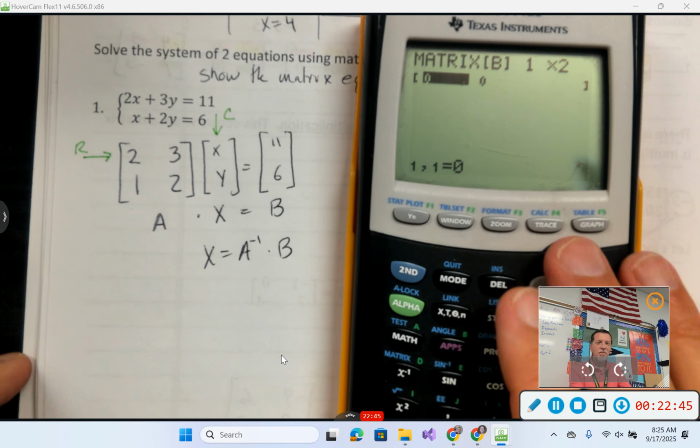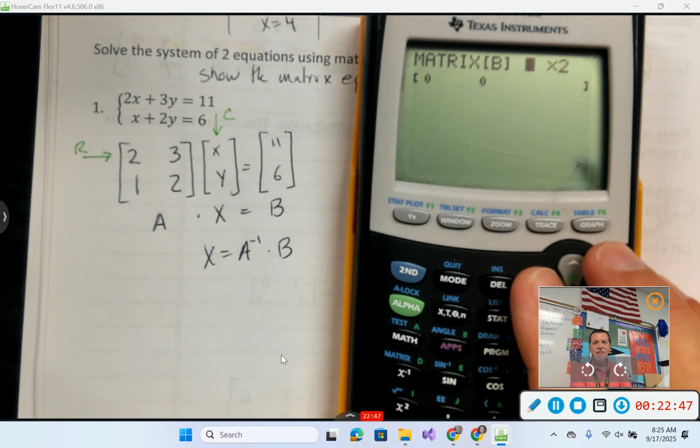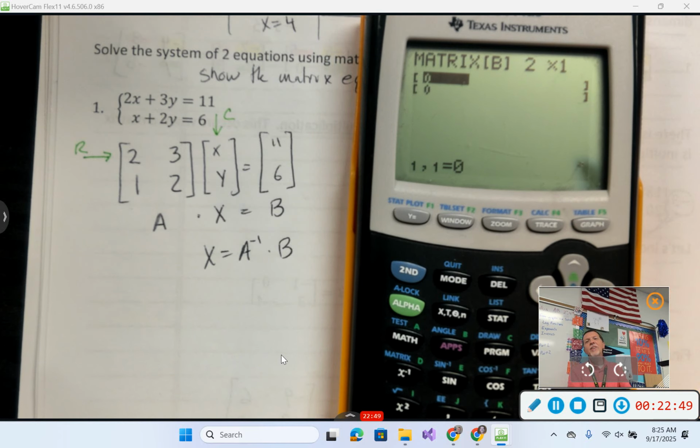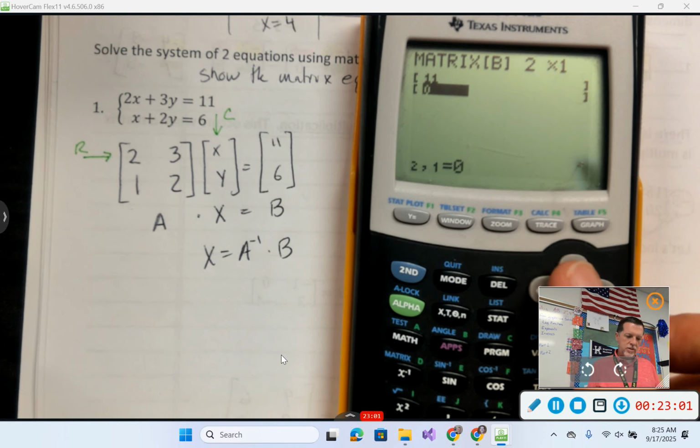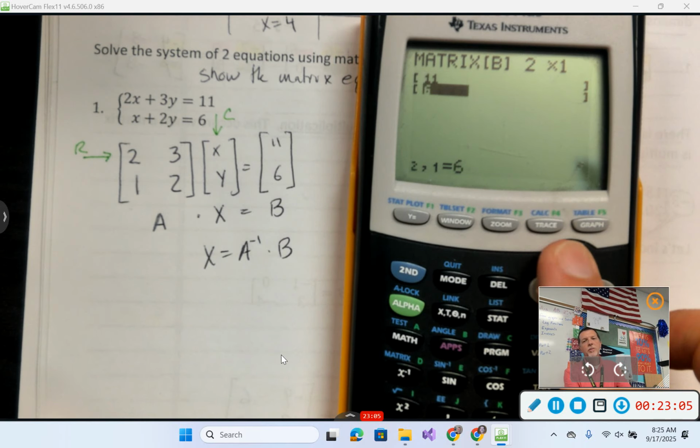No. So you're like, whoops, I guess it's a 2 by 1. So even if you mess up the dimensions, the calculator will show you your mistake. So 2 by 1, there's 2 rows, 1 column: 11 for the first one, 6 for the second one. And again, make sure that they're both in there.